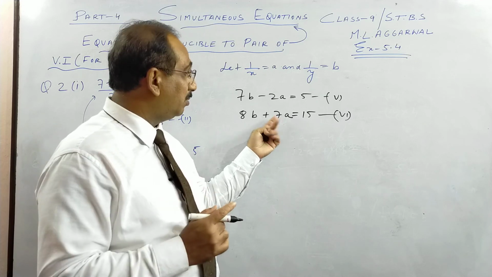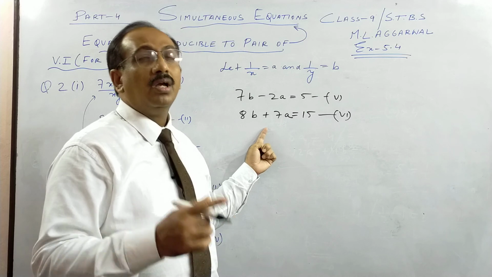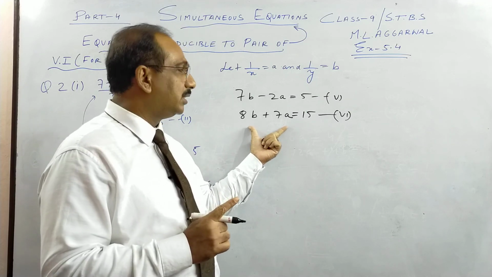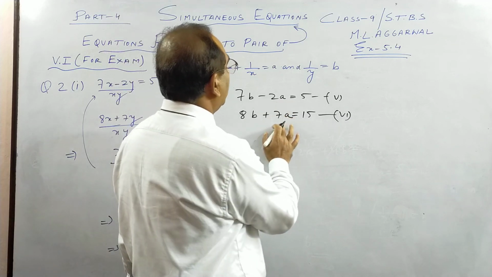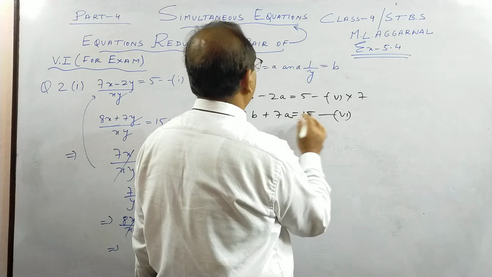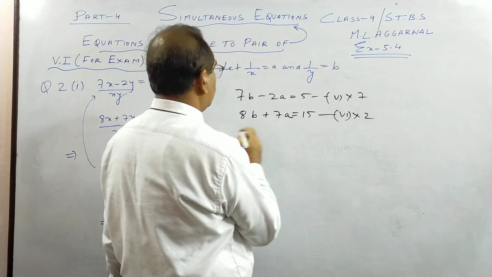So one thing you remember, always we try elimination. You can do by substitution, you can do by cross multiplication, by any method. Generally we use elimination. So I'll make these two equal because they have opposite signs. So equation 5 I'll multiply by 7 and equation 6 I'll multiply by 2. 2 7s are 14, 7 2s are 14.